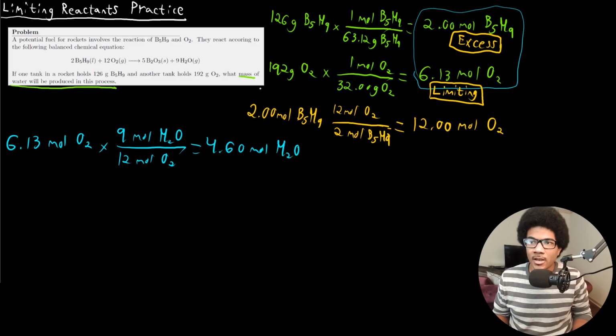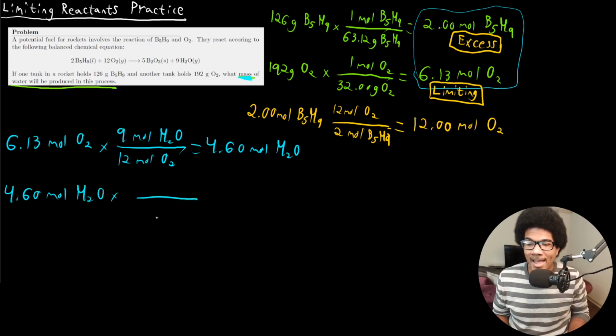Now again, are we done? Absolutely not, because we need to get the mass, right? It's asking us for the mass of water, so we're going to have to use the molar mass of water to convert this number of moles to mass. So 4.60 moles of H2O.